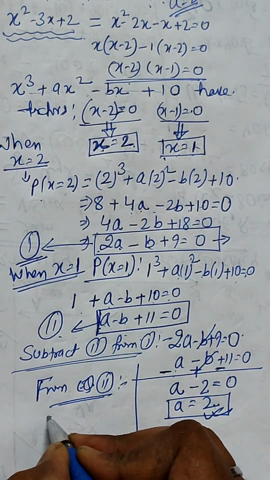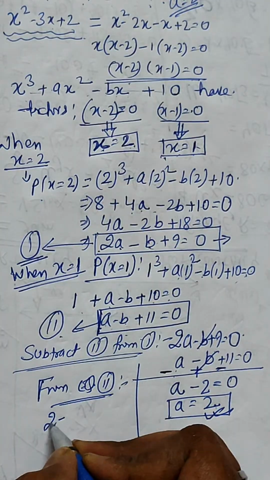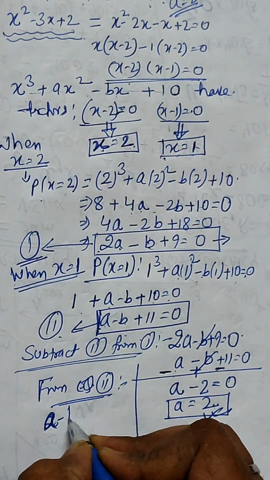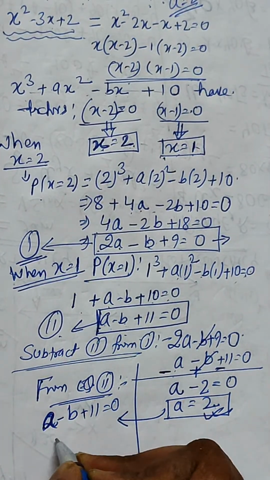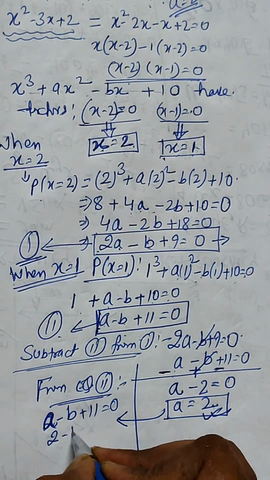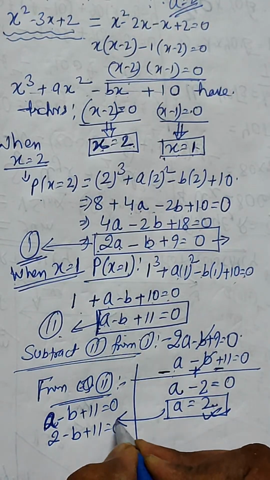So putting the value of a as 2, it will look like 2 minus b plus 11 equal to 0.